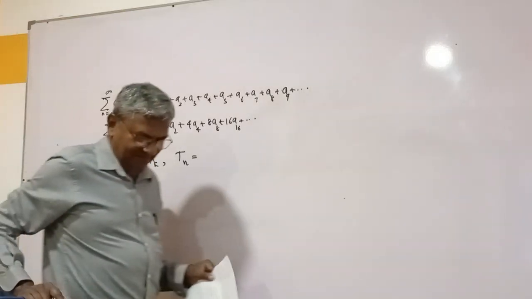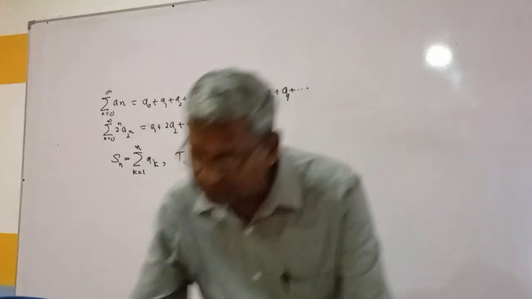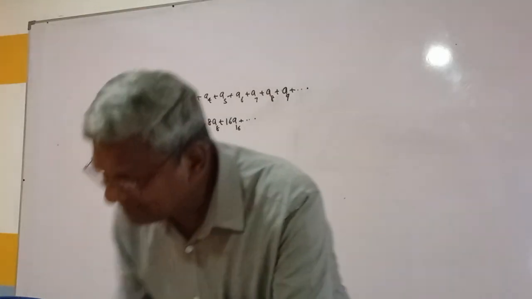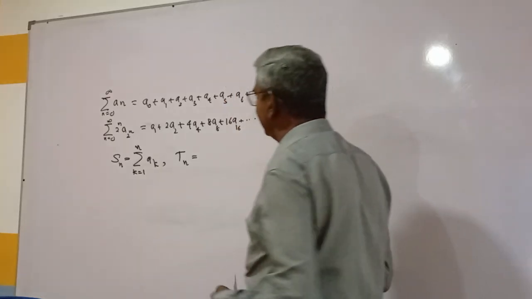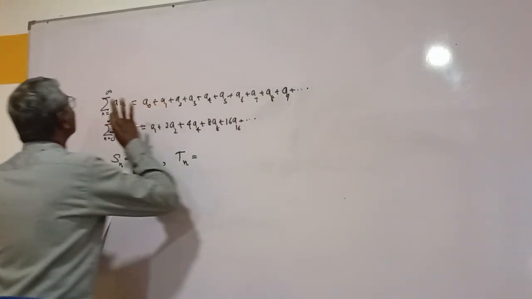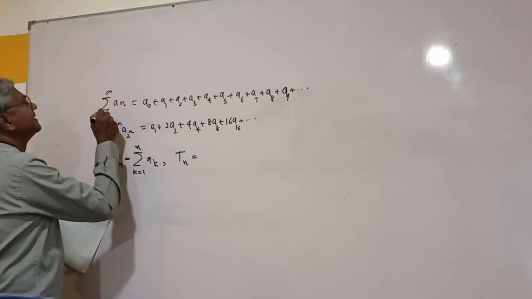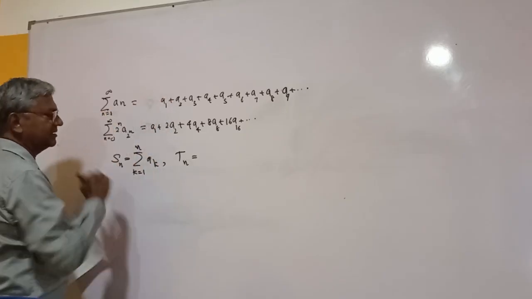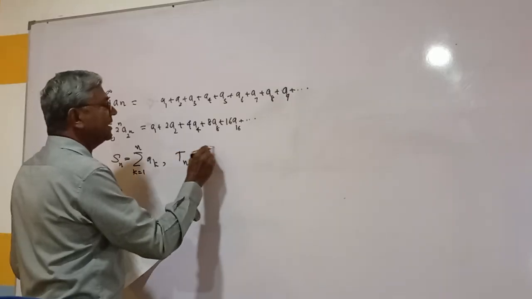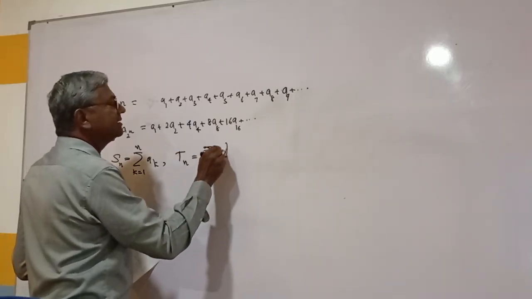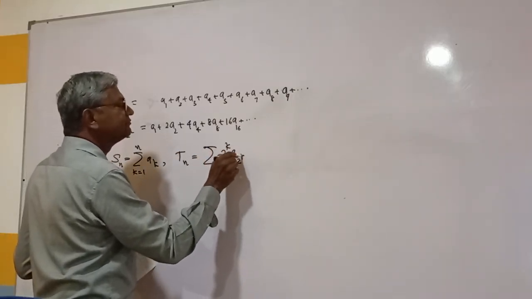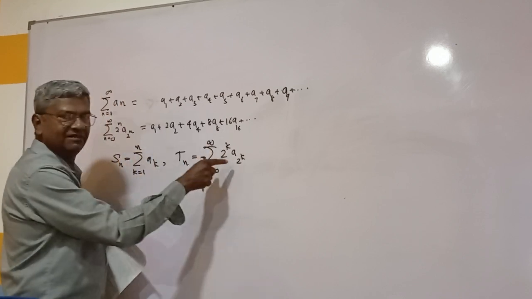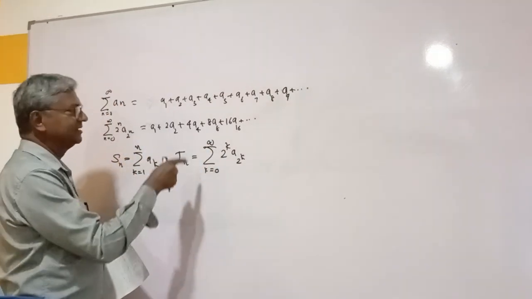A0 doesn't matter whether it is there or not, let's put A1 like the book. It doesn't make any difference. Tn is the sum of 2^k A_{2^k}, k equals 0 to n. When you put k equals 0, you get A1, not A0.